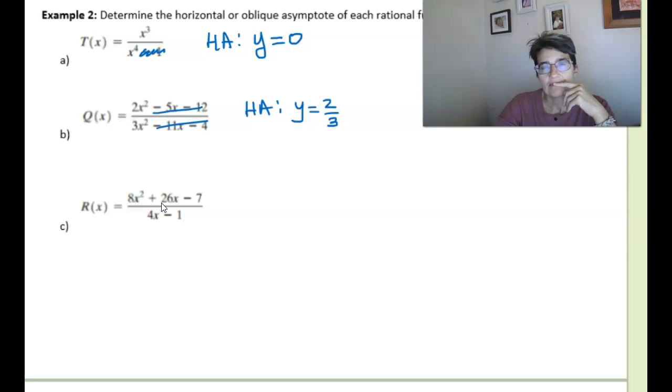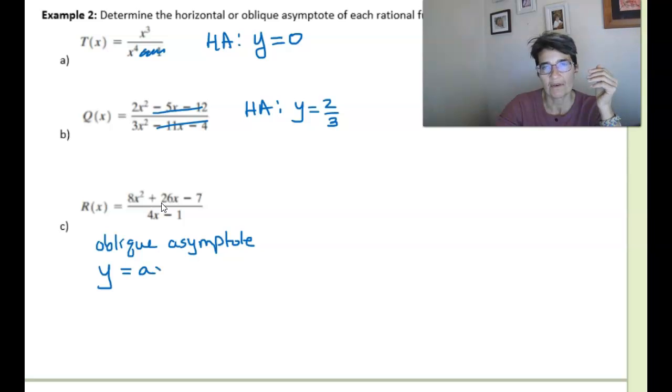This is the third case on our list, where the degree on the top is exactly one more than the degree on the bottom. So this is going to have an oblique asymptote. An oblique asymptote is a straight line, y equals mx plus b, or ax plus b, whichever you want to write it.